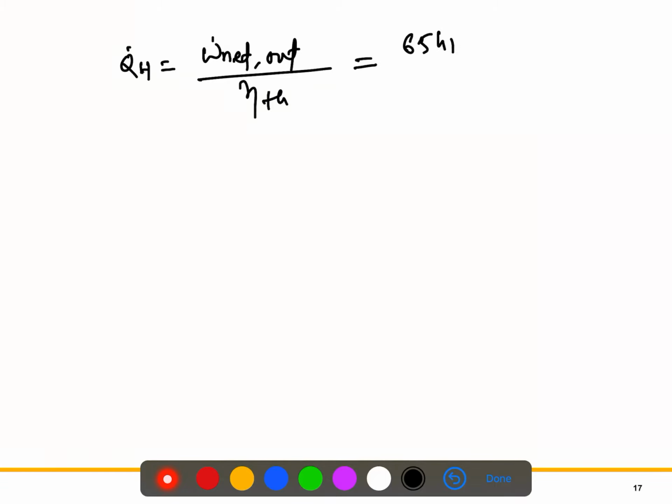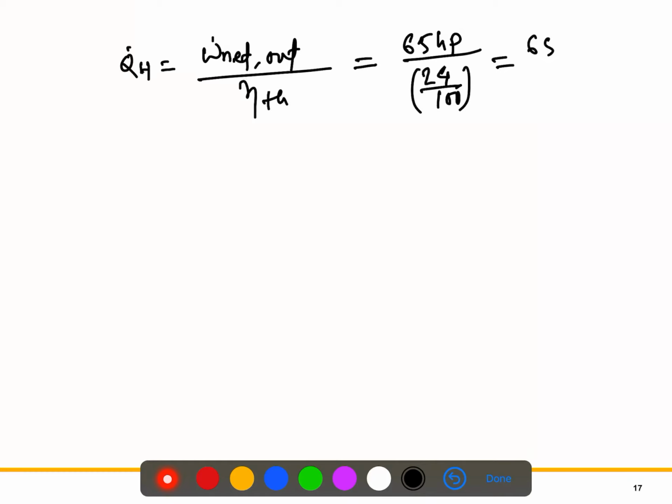So let me write it down in a new space. Q H is the net work output over eta. Here it is 65 HP, and it is 24%. We can't write it as 24%, so we write 24 over 100, as we divide the percentage by 100.